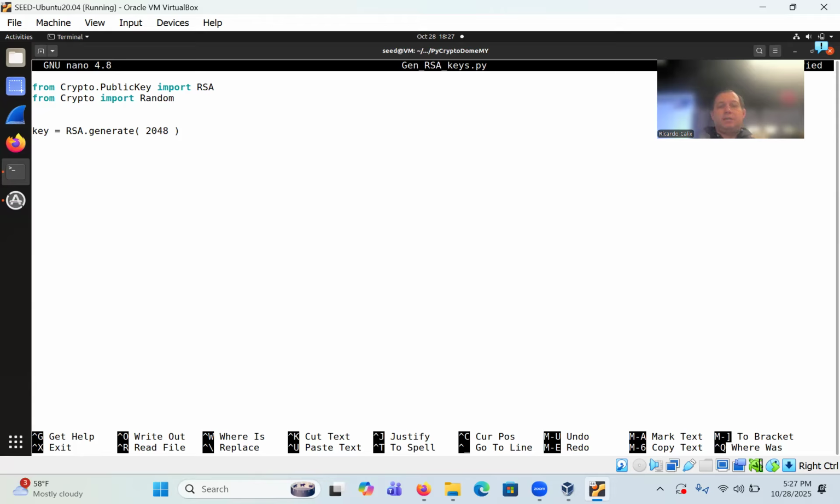And once you do that, that's your key, but your public key. Now from here, you extract the private key, which is also in there, but you have to more explicitly extract it. So I'm just going to say private key, and that's going to be equal to just grabbing key dot export key.